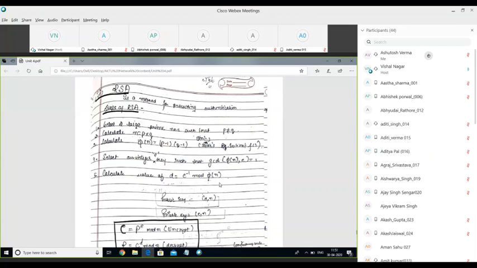So we are using that property here to find the value of d. D equal to e inverse mod phi n, or d into e equal to 1 mod phi n. With the help of this, we find the value of d, and after that we create the two keys, public and private keys.